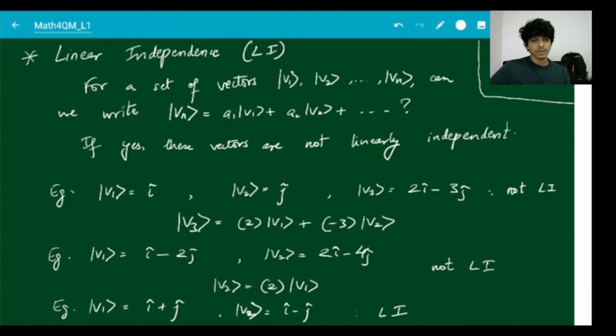Okay. So the question is, is there some nice general way of seeing when vectors are linearly independent or when they are not? What if we look at i, j and k? Are these linearly independent? Yes, because you cannot write any one of them in terms of the others. What if I take i, i plus j and i plus j plus k?